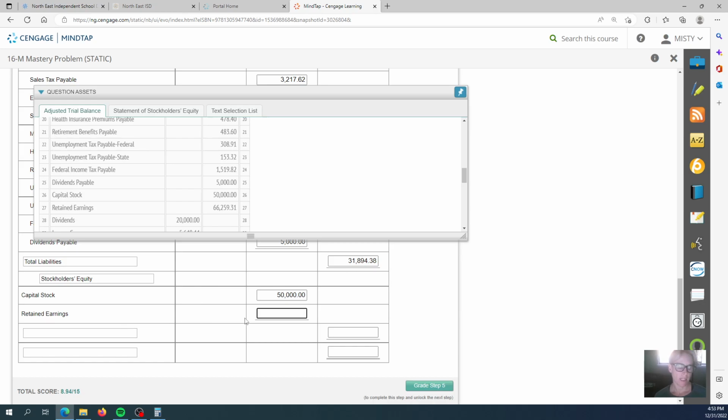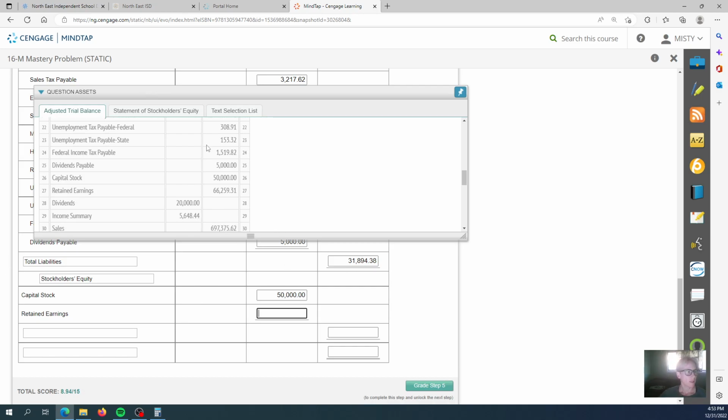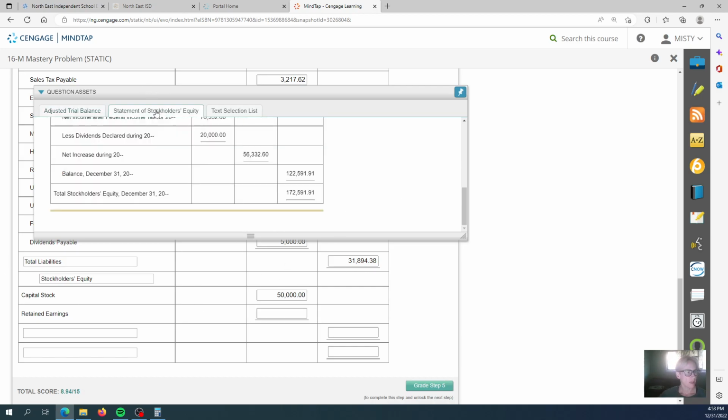And then our retained earnings. We calculated that right here. That is our new balance. So we have 122,591.91. All right.